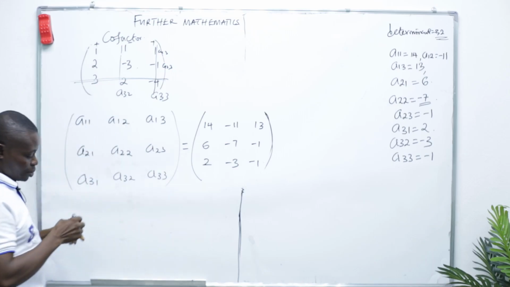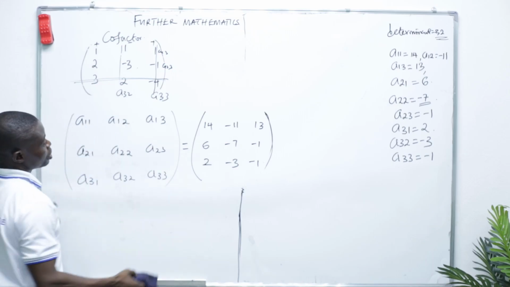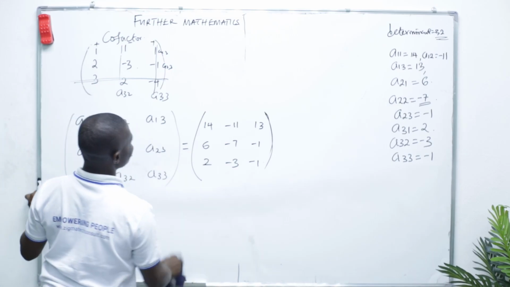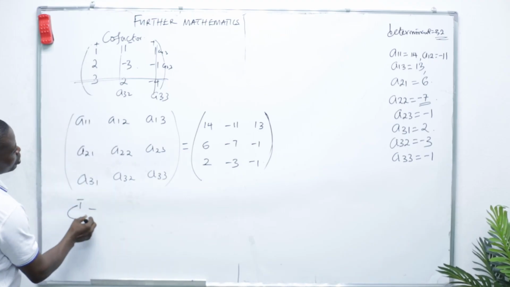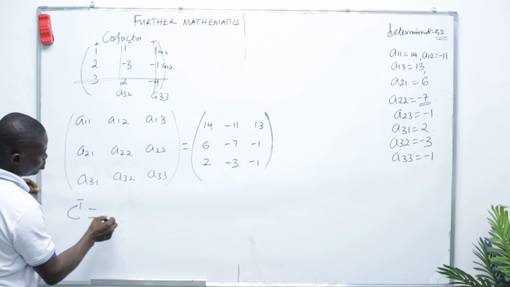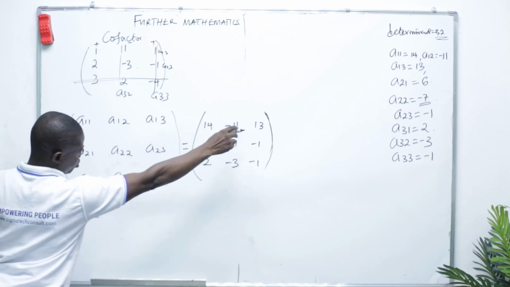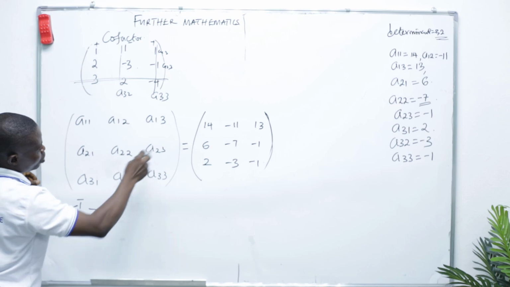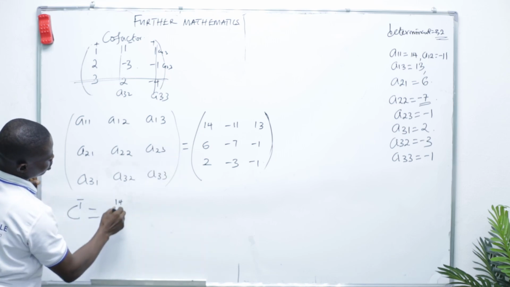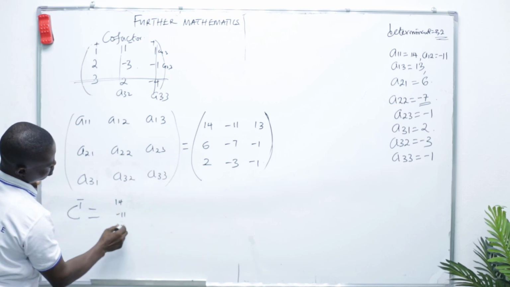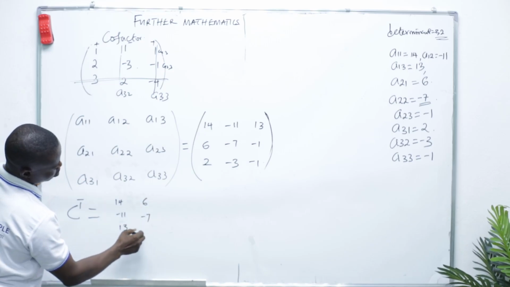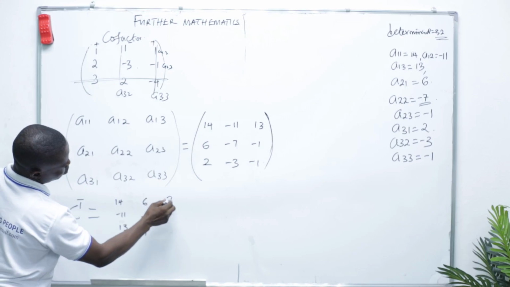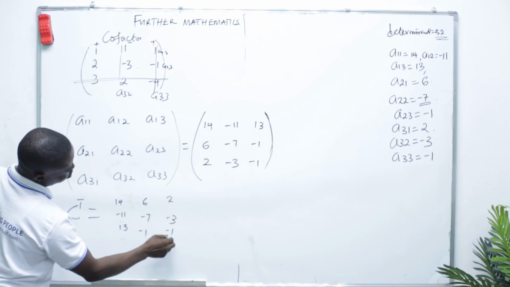Now the next step is to get the transpose of the cofactor, that is CT equals this, becoming this way, row becoming column: 14, minus 11, 13, 6, minus 7, minus 1, 2, minus 3, minus 1.